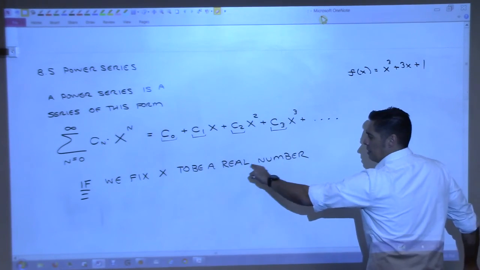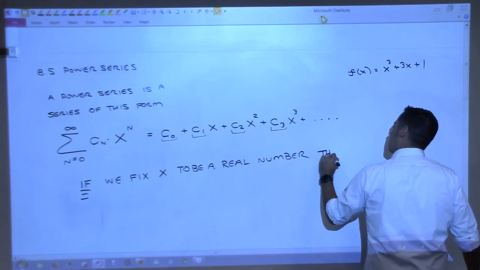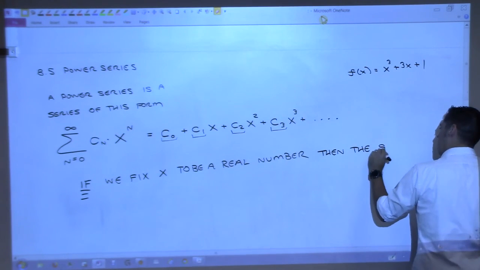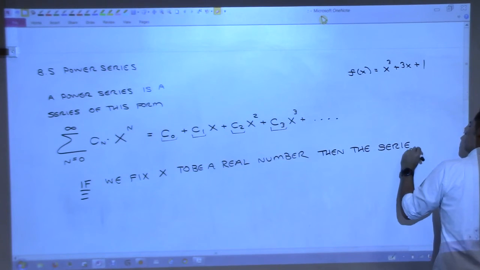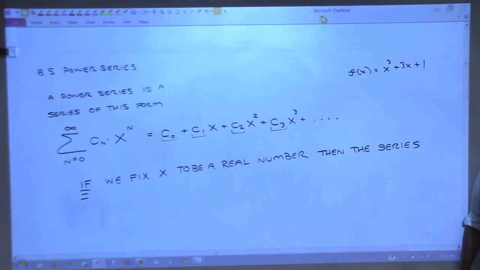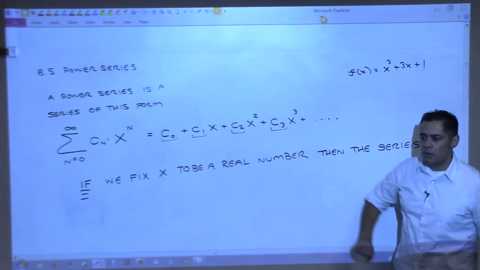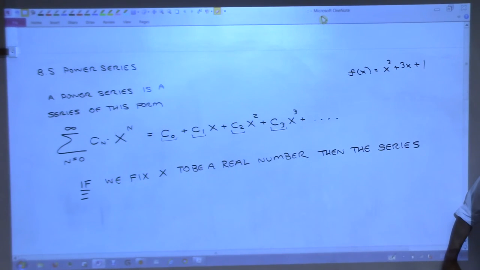If we fix it, then the series, what do you think? Would it converge, diverge, or we still wouldn't know? If I tell you to fix a number in here, can you tell me whether or not it converges? Or do we still not have enough information?